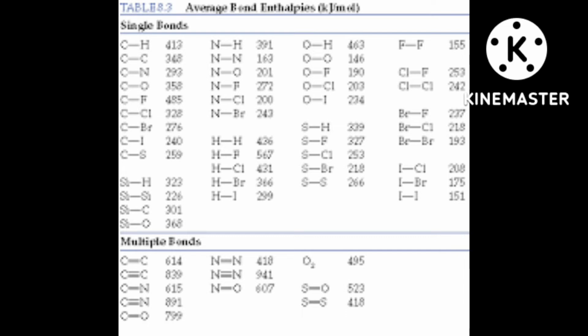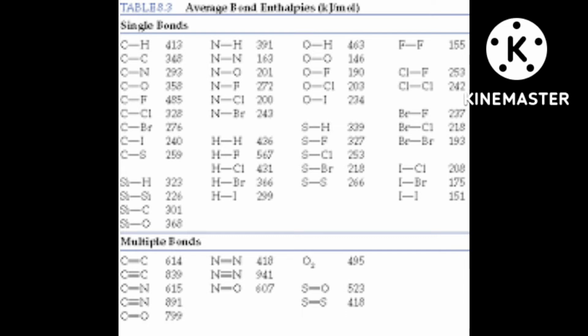Let us discuss these terms with reference to diatomic and polyatomic molecules. Diatomic means molecules with only two atoms. Polyatomic means more than two atoms. In both cases we should understand.